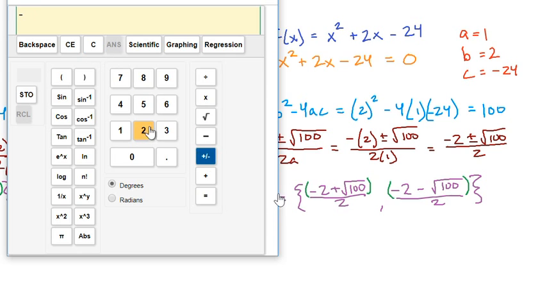We've got -2. Oh, I forgot to use the parentheses. Parentheses, -2 plus the square root of 100. Since my calculator starts my radical with a parenthesis, I have to close the radical, then close the numerator, and divide that by 2. And I've got an answer of 4.